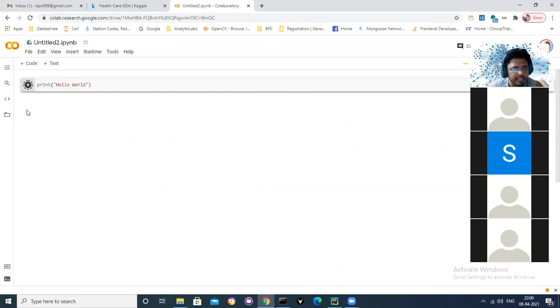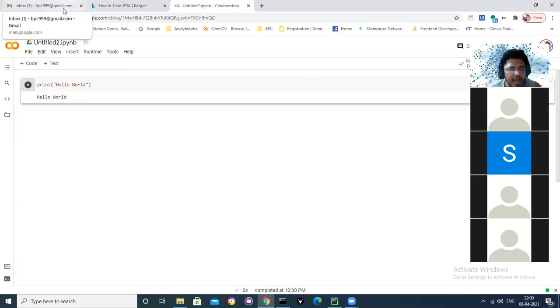You can execute it and it runs. You don't need anything. You just log in to your Google account, go to colab.research.google.com, start your notebook, and do all your assignments on it. That will be enough.